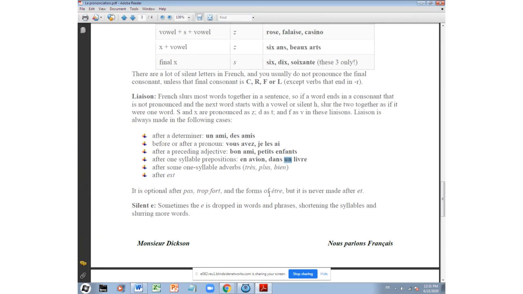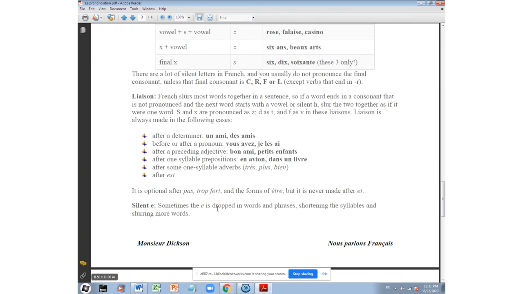But it is never made after et, which is pronounced as a. So we have the silent mute e at the end. Sometimes the e is dropped in words and phrases, shortening the syllable and slurring more words.